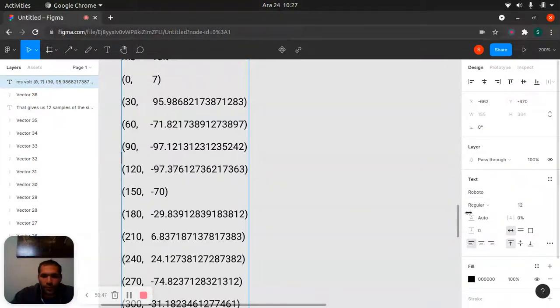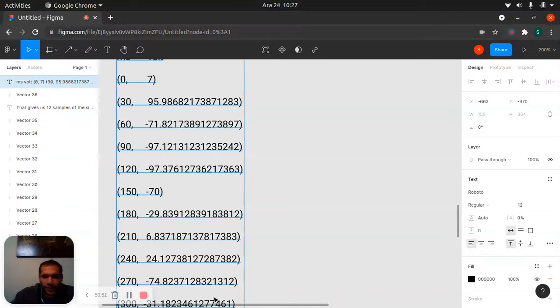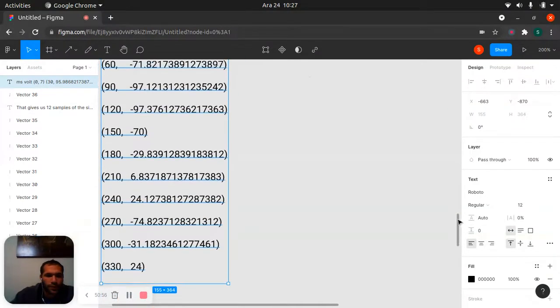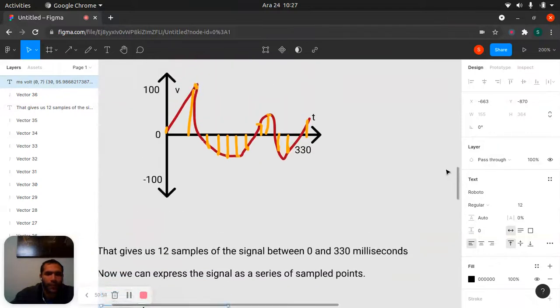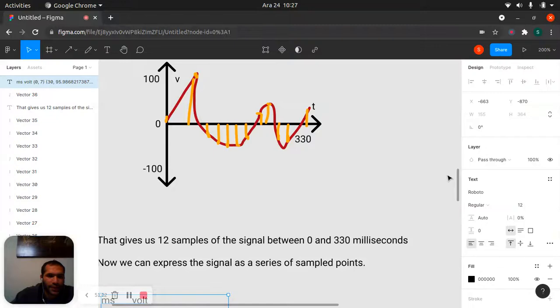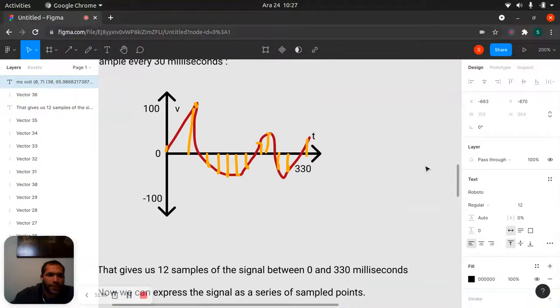The first one is representing 0, representing 7 volts. The other one is 30 representing, I mean this point is 30, so you can think 0 to 330.